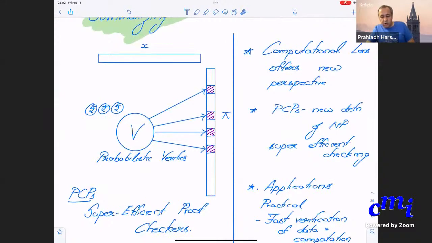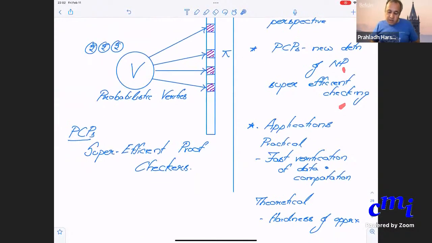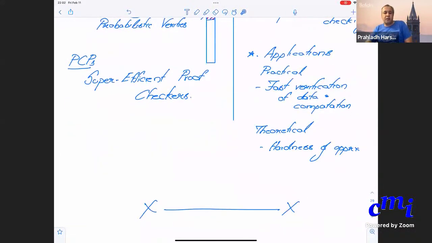This led to the notion of PCPs, a new definition of NP, which is super efficient verification and has some amazing applications. In today's world, they have applications towards super fast verification, and they were originally introduced for applications in the theory of hardness of approximation. I'll stop with this and take any questions.